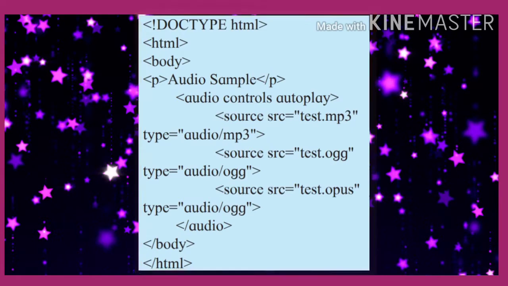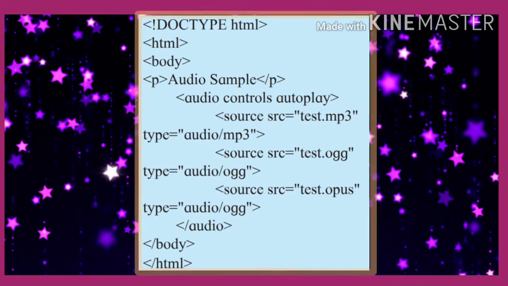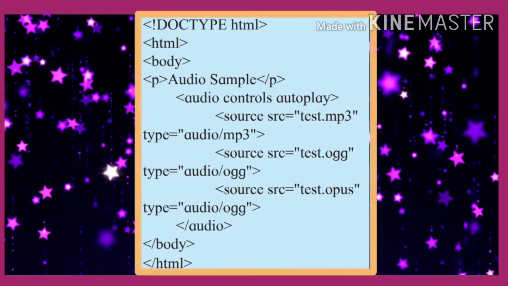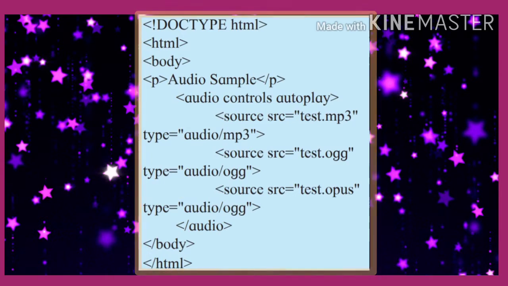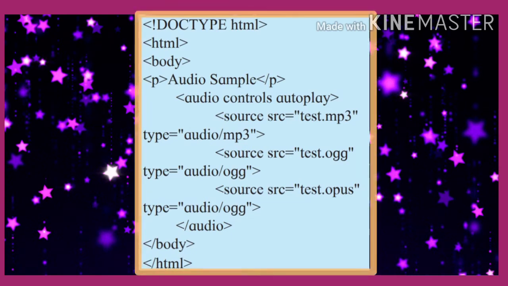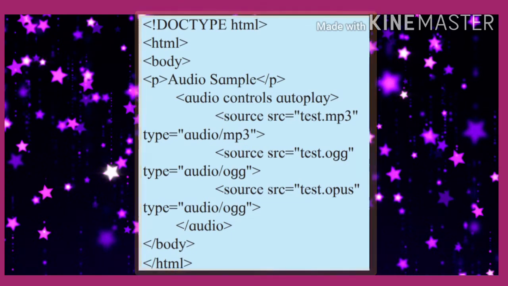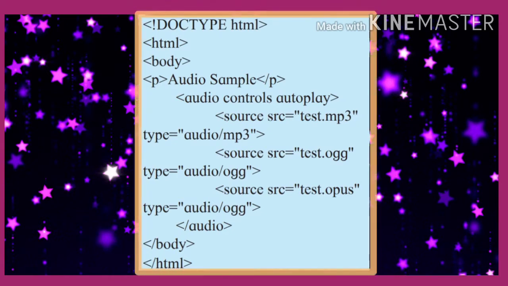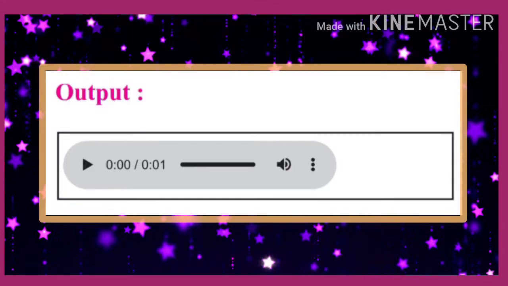If the browser does not support the first, it will jump to the second, and if the browser does not support the first and second, it will jump to the third one. Likewise, you can use multiple sources on your web page to add the audio files and video files also. Now save the program and run on the browser. You will get the output.